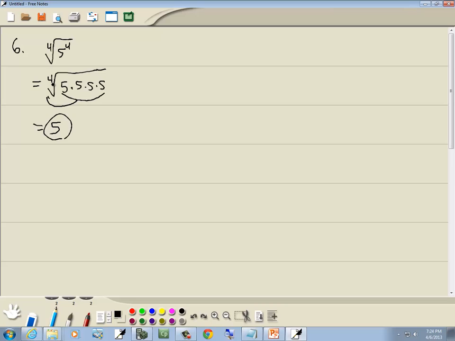Now, it doesn't work all the time. There are some special cases we'll need to take a look at. But if your index matches the power, then they basically cancel each other out, and you're just left with whatever's inside here, like the 5. So since this was an index of 4 and a power of 4, automatically our answer is going to be 5.